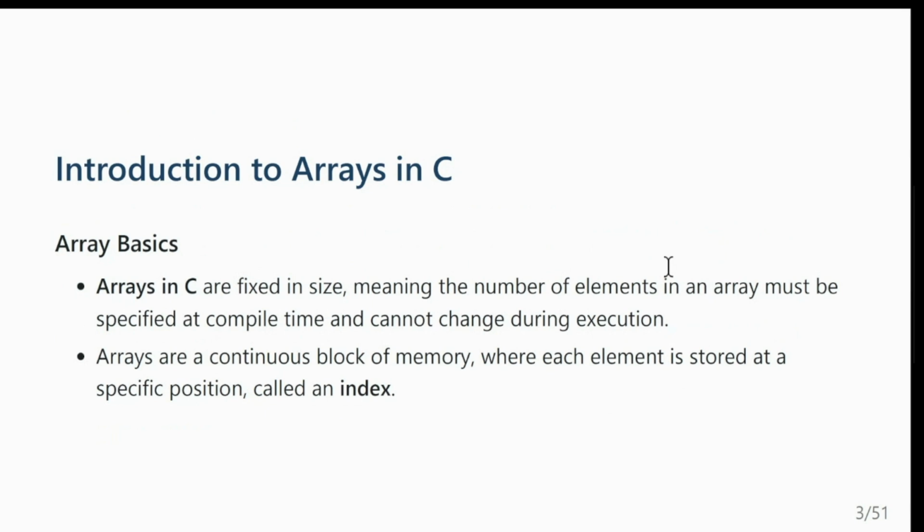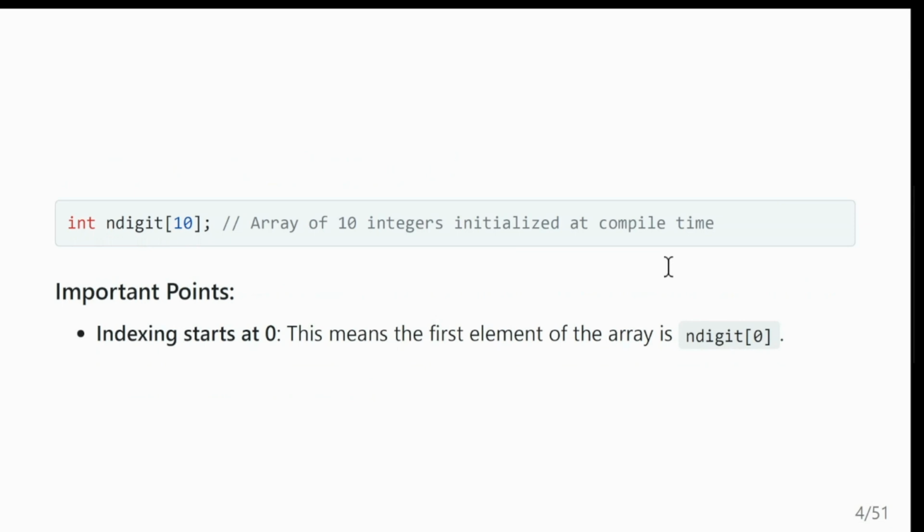Just like Java, arrays in C are fixed size. So when you create it for the first time, the size of it is determined. You cannot alter it afterwards. So that's very much like Java. Here is an example.